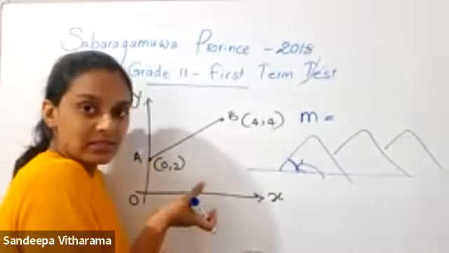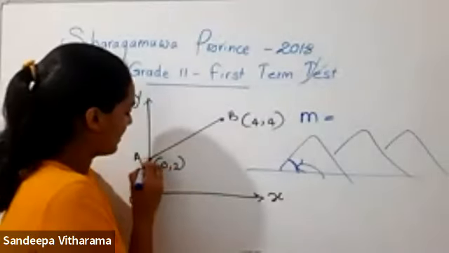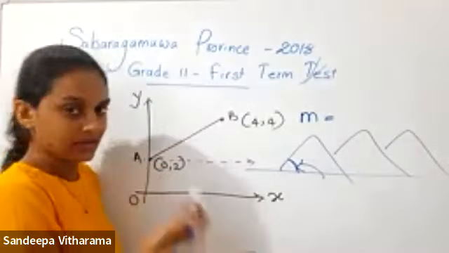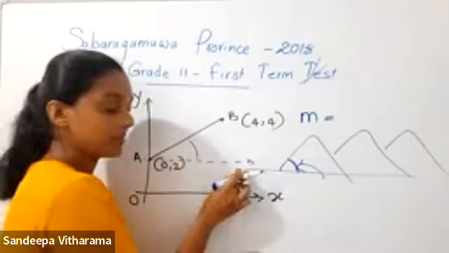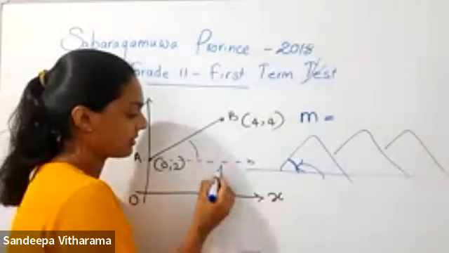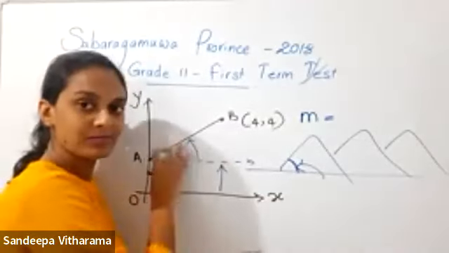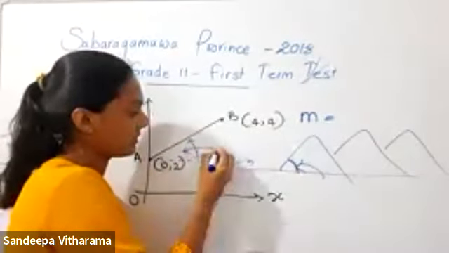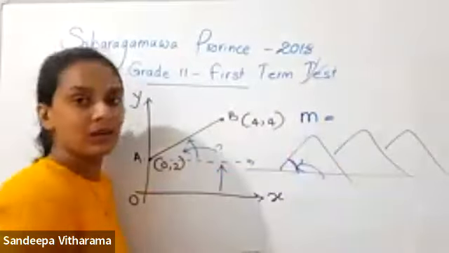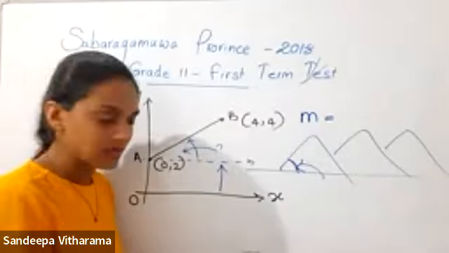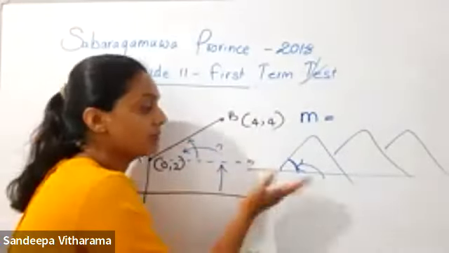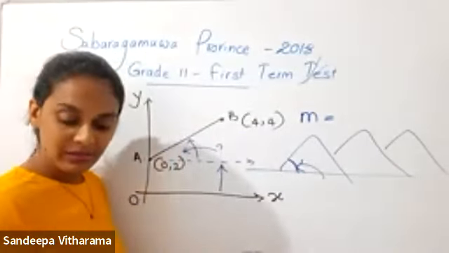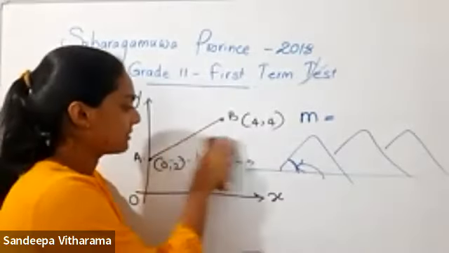To find this particular measurement, I want to take this x here for a little while, with a small dotted line. Then the straight line segment and the x axis make a small slope. I have to calculate a small measurement for this. That is what we call the gradient. Just think you are finding the slope. How much are these mountains inclined to the ground? How much slope does this straight line segment have relative to the x axis? That is what we are finding.